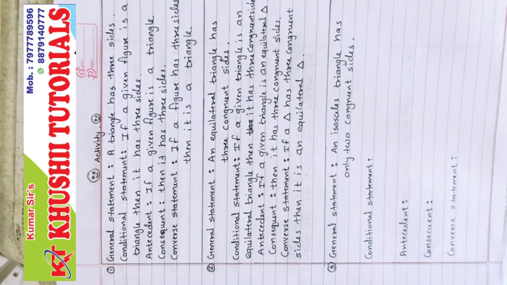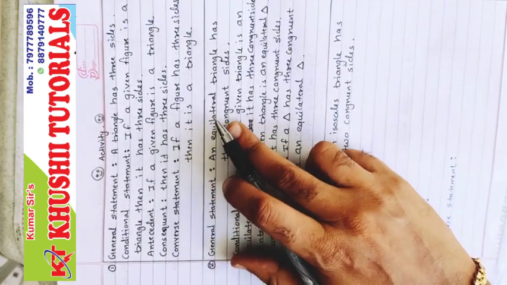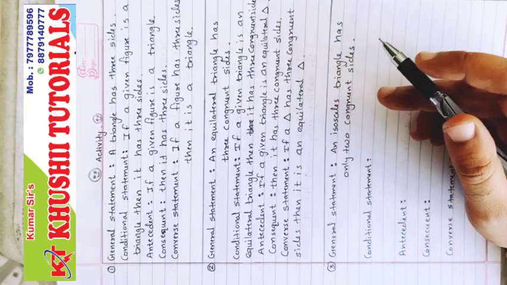Isn't it easy? The next one is general statement. An isosceles triangle has only two congruent sides. It is just like the previous one. Here all three sides were equal, here only two sides are equal.